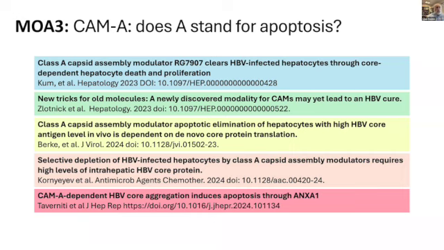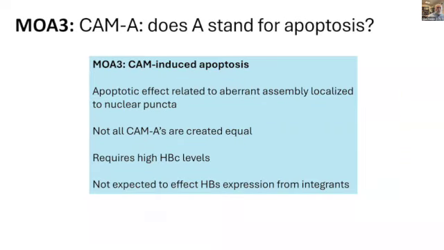There's a relatively small literature on these apoptotic effects. And in summary, we see that the apoptotic effect is related to aberrant assembly localized to nuclear puncta. Not all CAM-As are created equal, and some seem to be more effective in driving apoptosis than others.